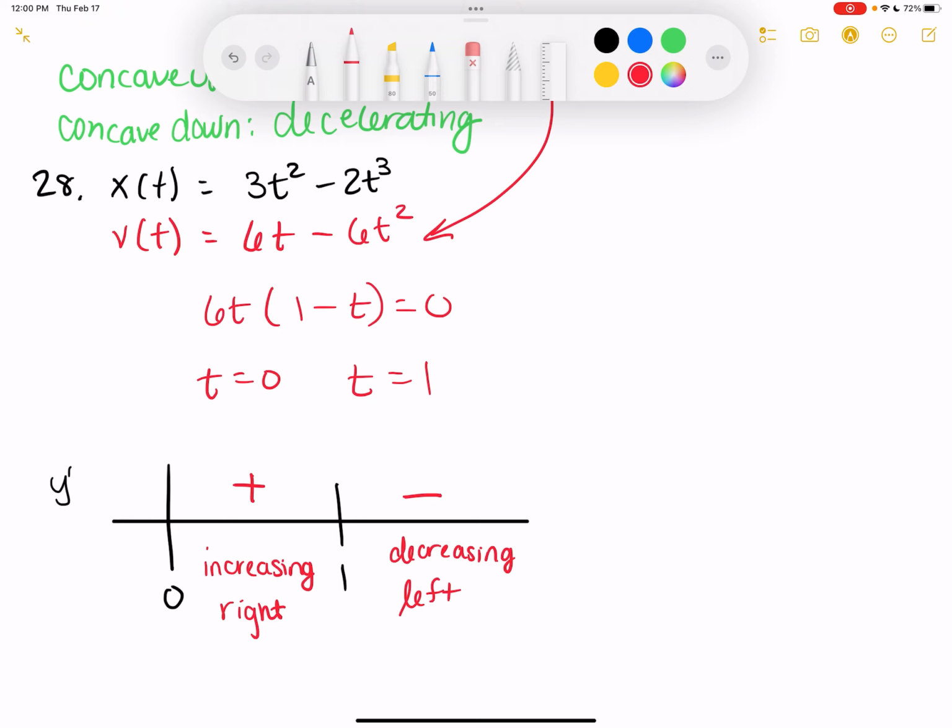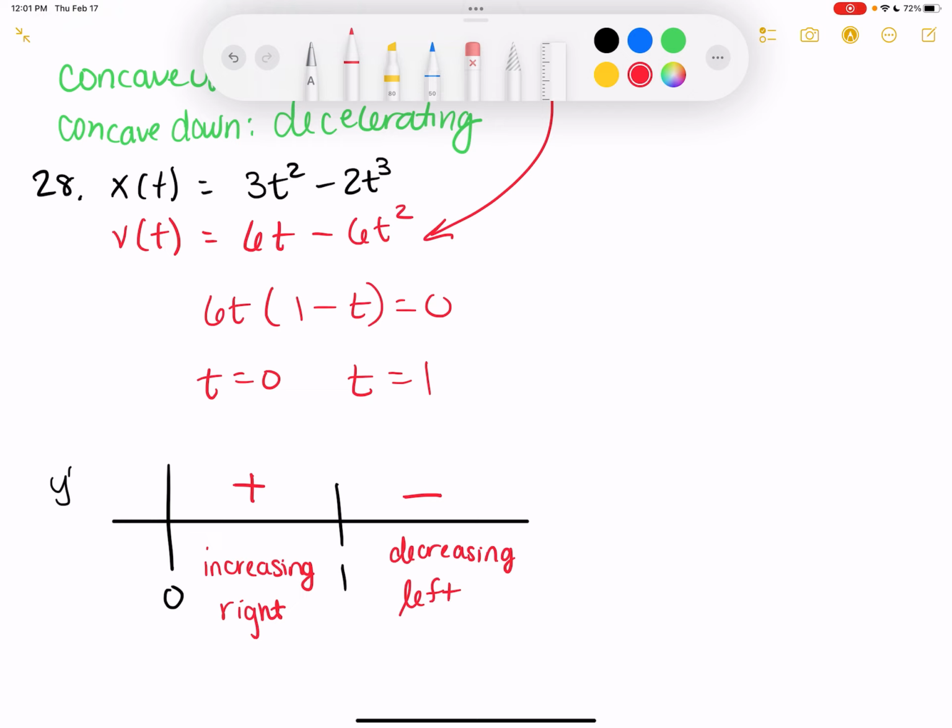Let me see how they officially want the answers written for these. This 5.3, I think. What is this, number 28? Oh, okay.